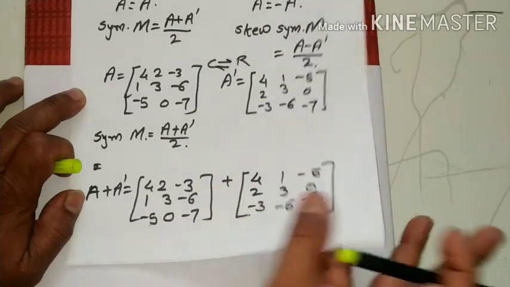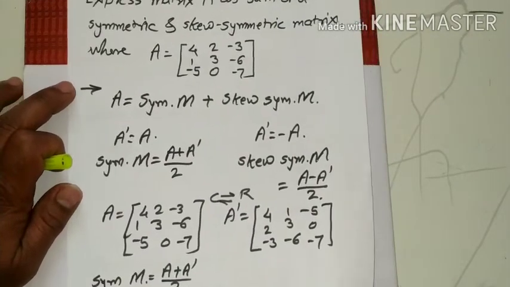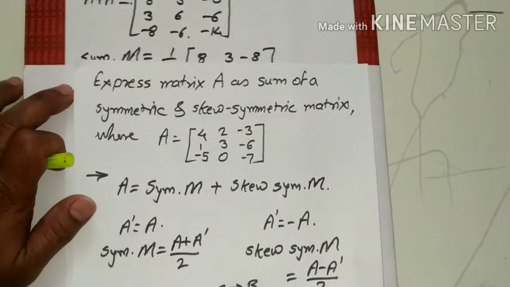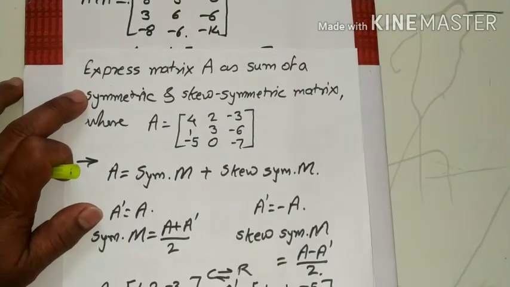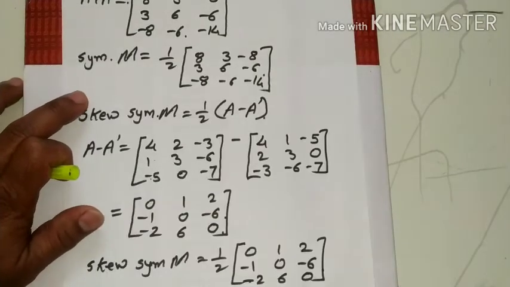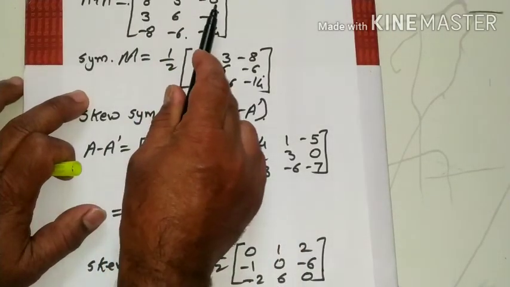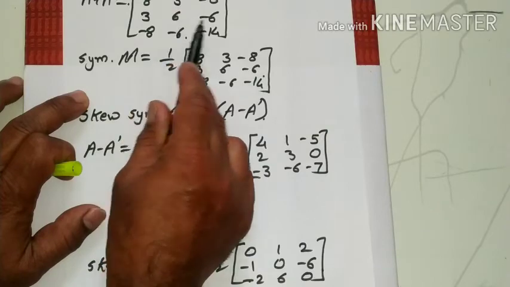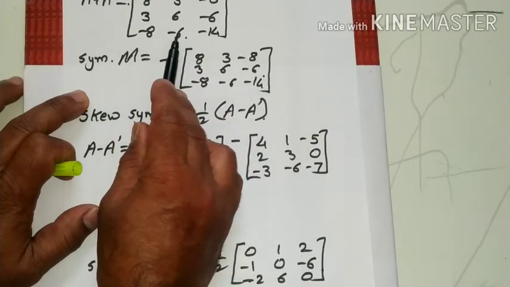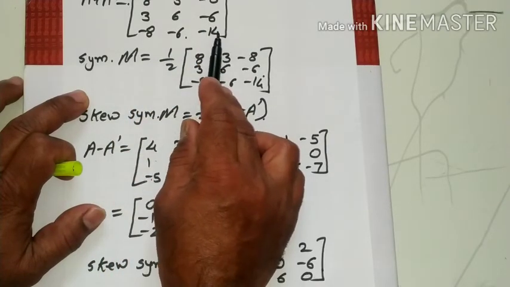According to sum of algebra of matrix, we get 8 3 minus 8, 3 6 minus 6, minus 8 minus 6 and minus 14.